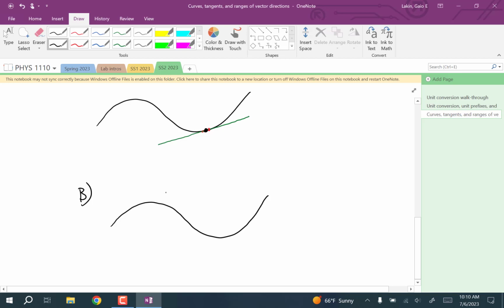It actually represents the path in 2D space. Well, first you have to know which way the object is going. So let's say that the object is going from the right side to the left side. And what we want to do in this case is draw the vector, the arrow, that's tangent to the path and in the direction of motion.